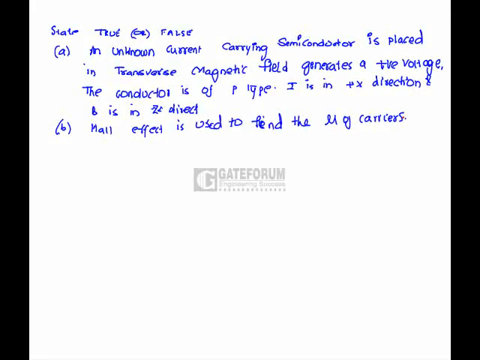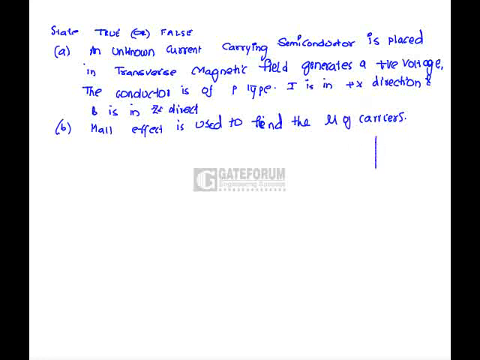True or false? Statement A: An unknown current carrying conductor placed in a transverse magnetic field generates a positive Hall voltage. The conductor is of p type, I is in the positive x direction and B is in the z direction. Statement B: The Hall effect is used to find the mobility of the carriers.